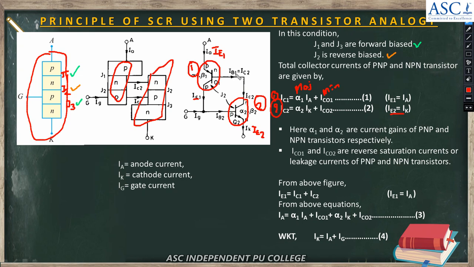Therefore, IE1 is equal to IC1 plus IC2, where IE1 is nothing but IA.